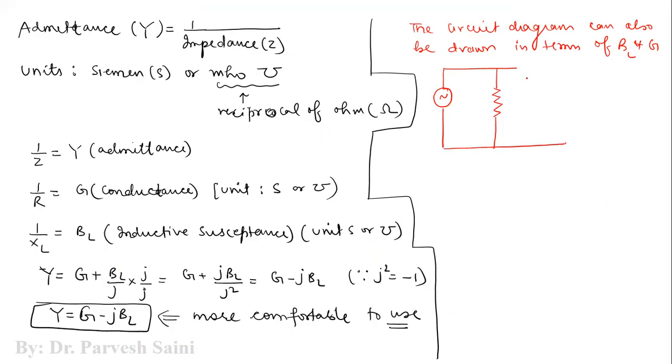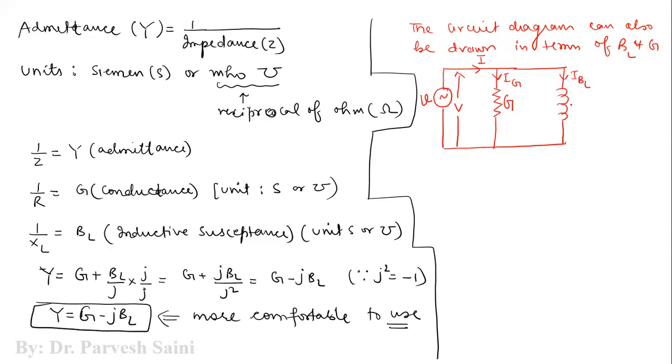Only the way we denote the circuit components will change. So RMS value of applied voltage is capital V. RMS value of input current is capital I. This is an AC source. And instead of writing R here, we will write G. So G is basically the conductance, and the current here is, let us say, IG, and current here is, let us say, IBL, for example.